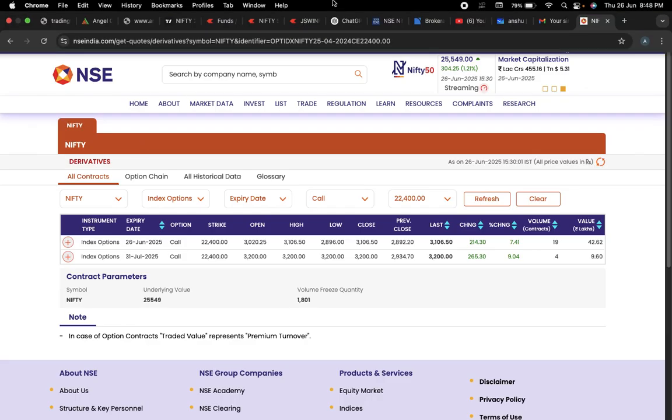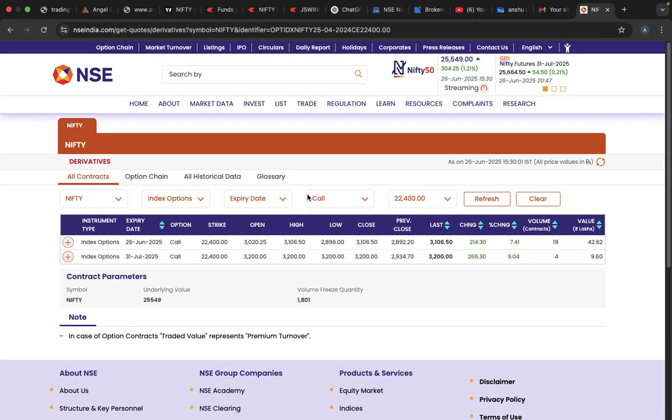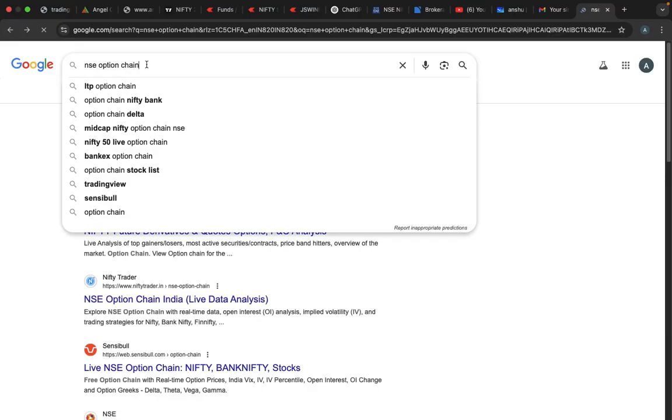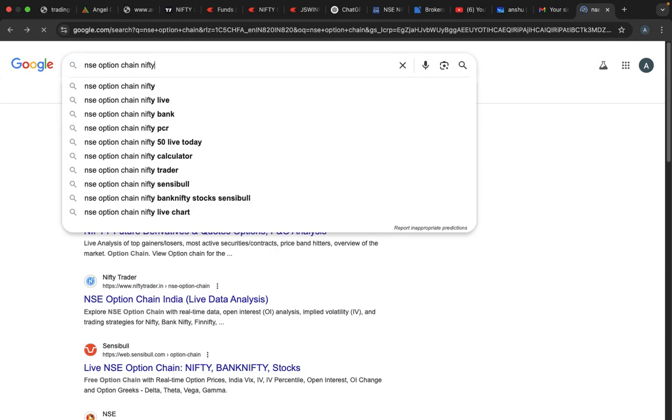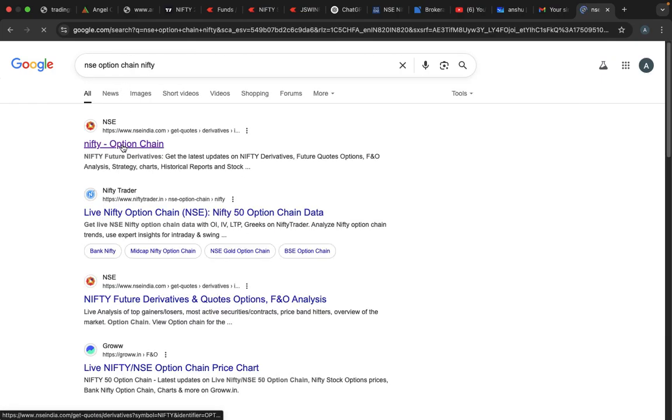Yeah, it has been opened. NSE option chain Nifty.